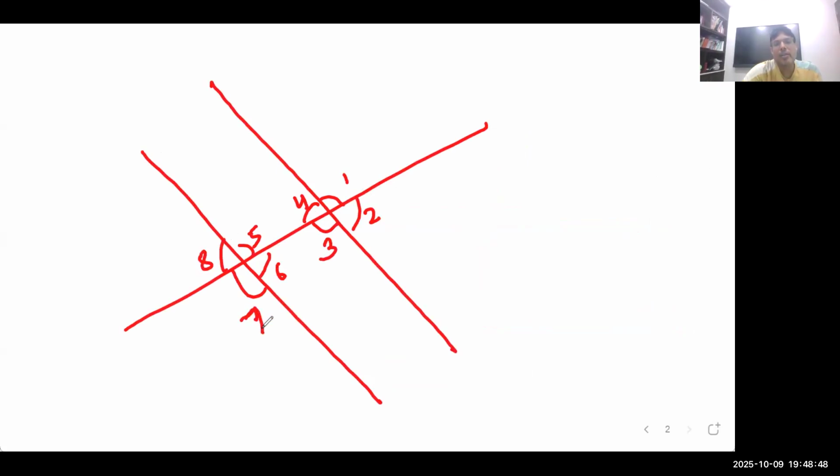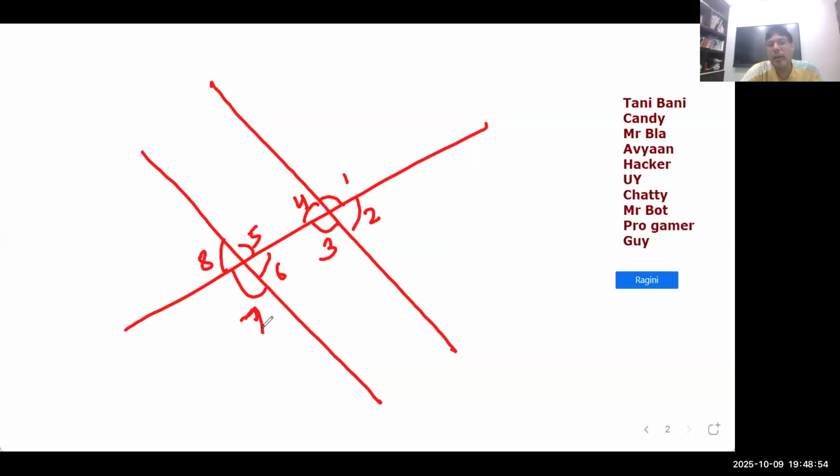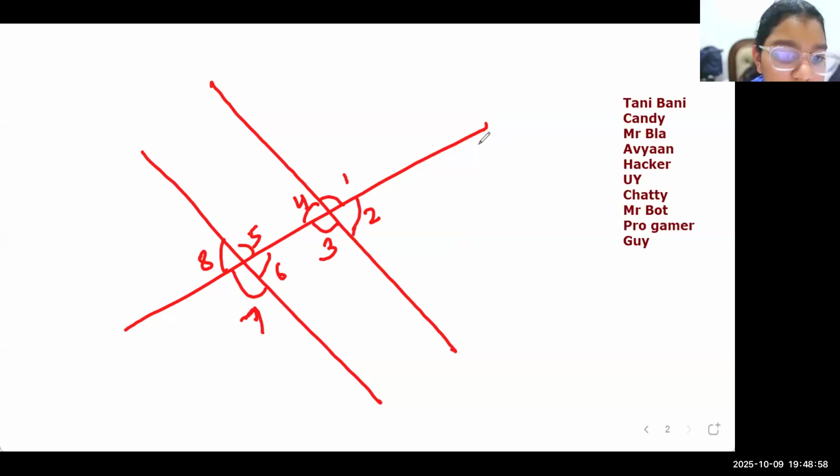So one by one, I will ask you, ma'am, please write the names. Tanaisha, tell me one pair of corresponding angles. 5 and 3.